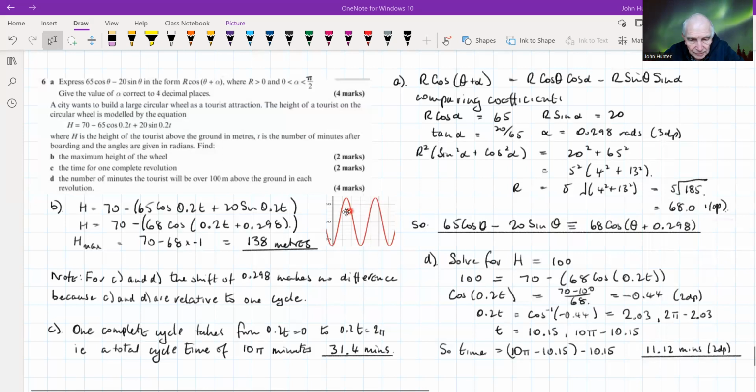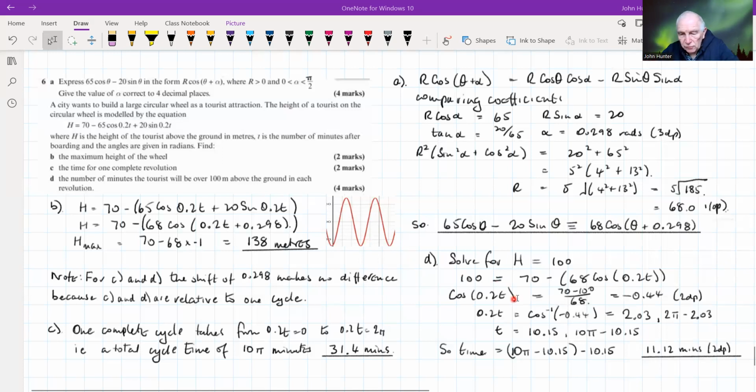Let's say this goes up to 138 meters, and 100 is around about here somewhere. So it's between these 2 points, and if we can find that distance between those 2 points, then that will be the time for which the tourist is above 100 meters in each revolution of the Ferris wheel.